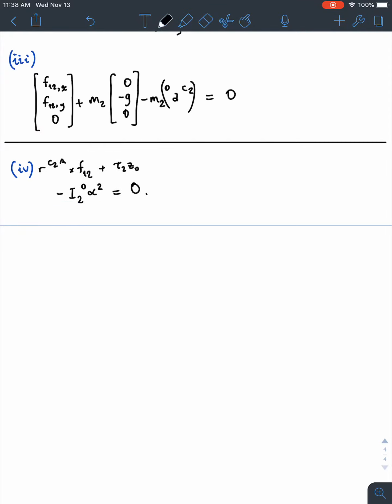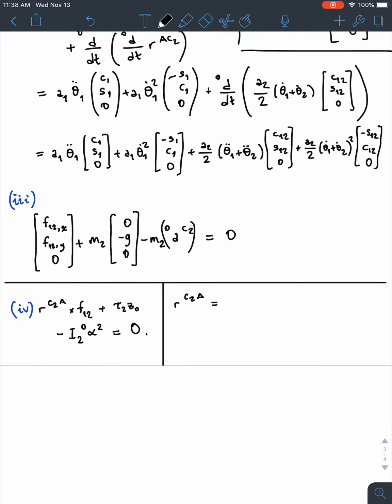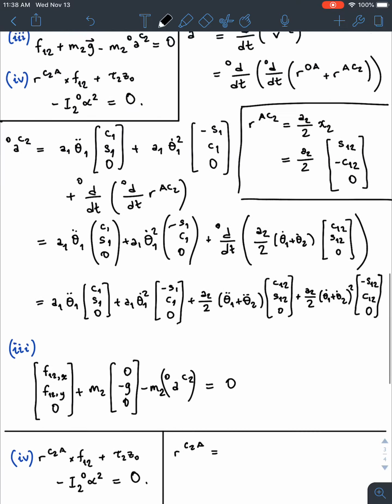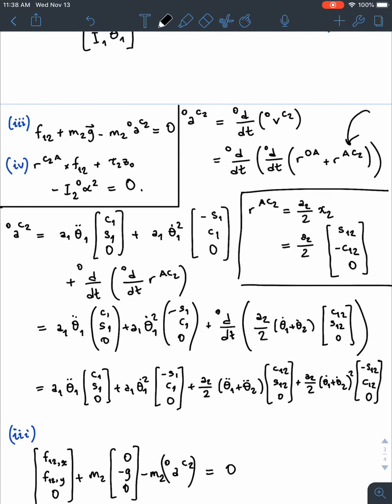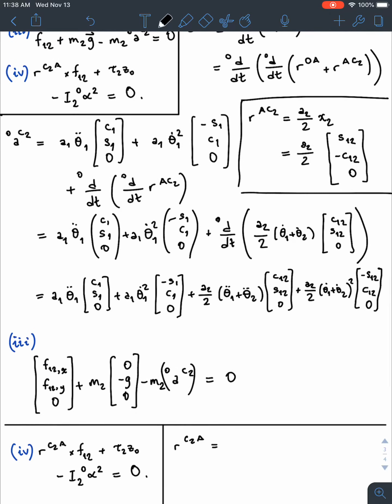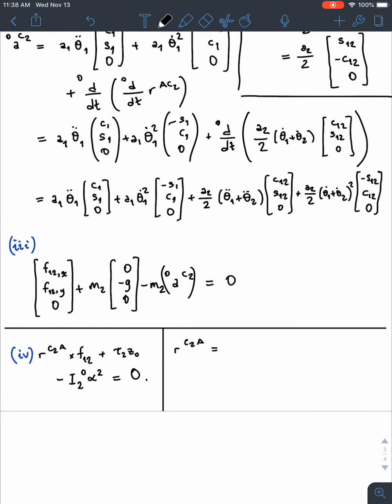Okay, so the vector that goes from C2 to A is of course equal to the negative of this vector right there. And that vector we found out was this, so this is equal to minus a2 over 2 times sine theta 1 2, minus cosine theta 1 2, and 0.